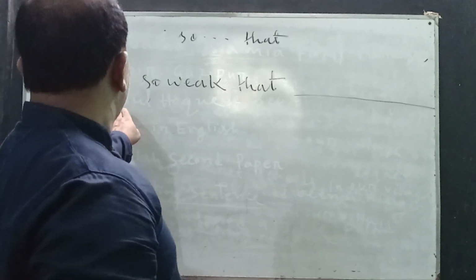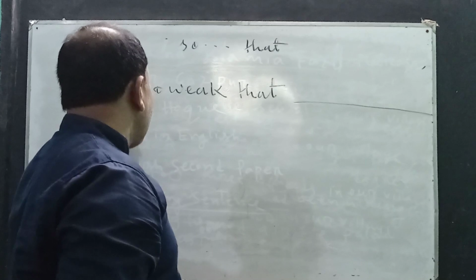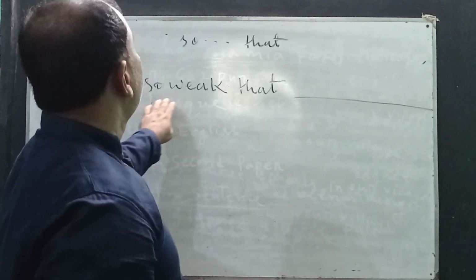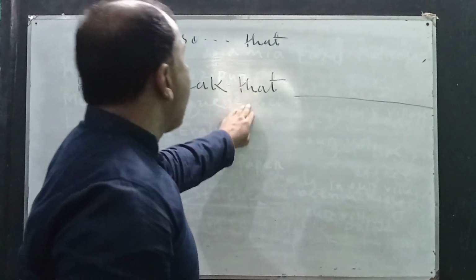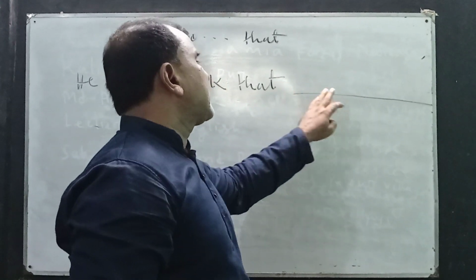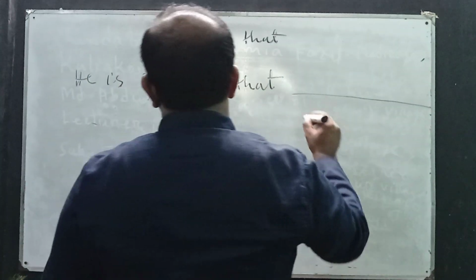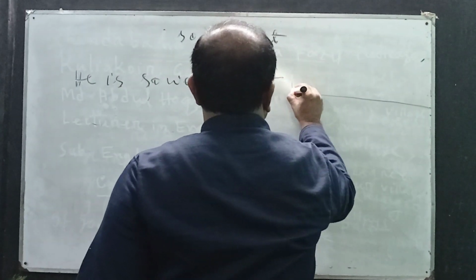So this structure is subject plus verb plus so plus adjective plus that plus subject plus cannot or could not plus verb plus object.